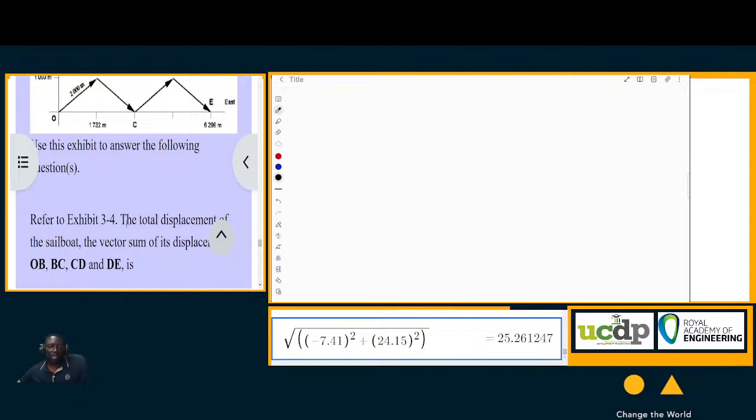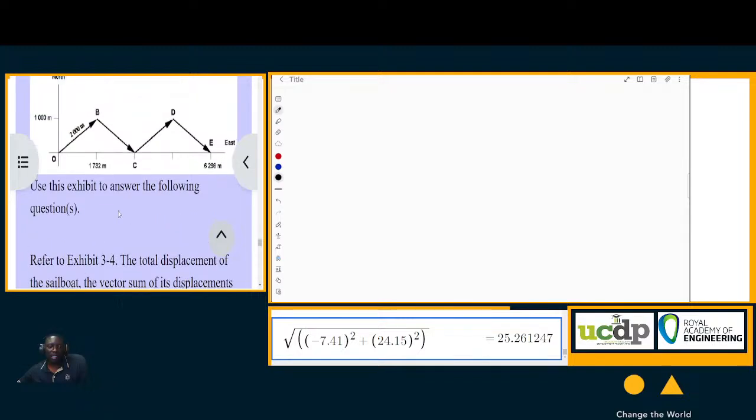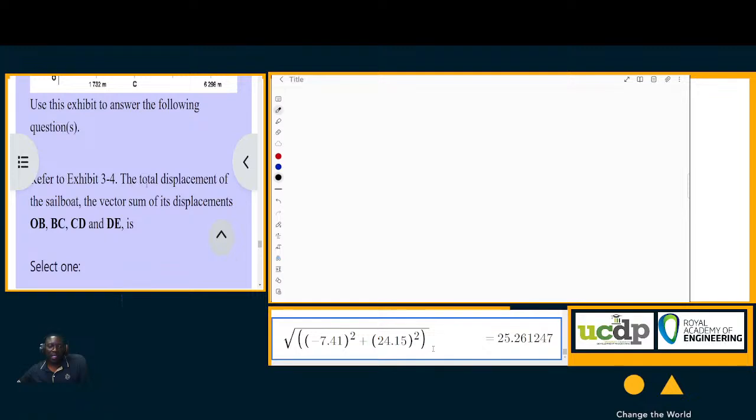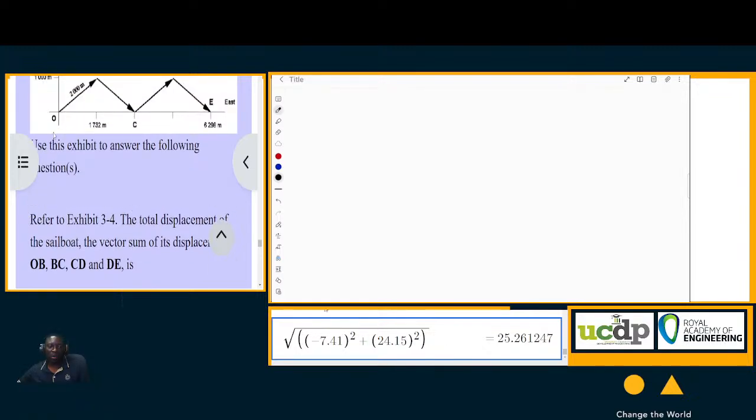The total, refer to the exhibit in 3.4, which is this diagram. Find the total displacement of the sailboat, the vector sum of its displacements OB, BC, CD, and DE. So we want OE. What is OE?